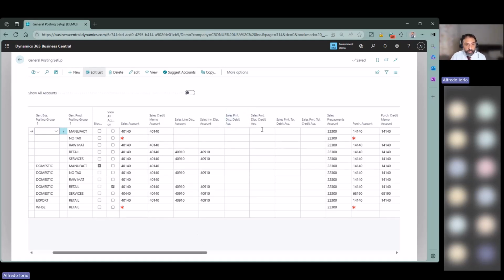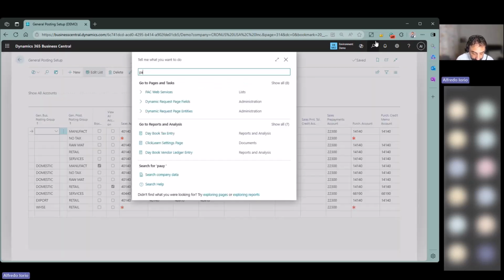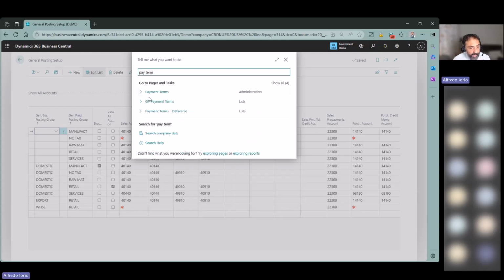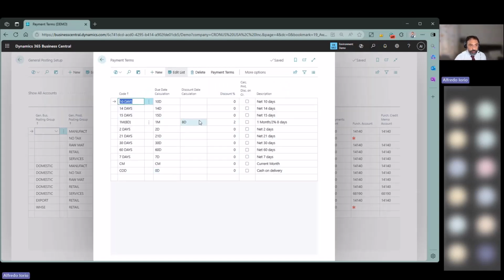Payment discount, credit and debit, it's the gains and loss. If you grant your customers a discount on payments, usually it's when you use payment terms. Let me show you here. Payment terms, and you have a discount calculation on payments.